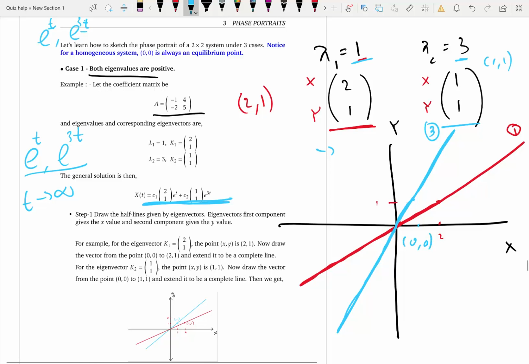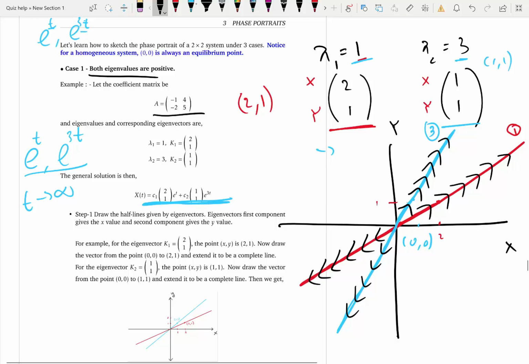So what happens to the arrows? The arrows will move away from the origin, from the equilibrium point. I shouldn't say they go towards infinity, but they are pointing away from the equilibrium point.